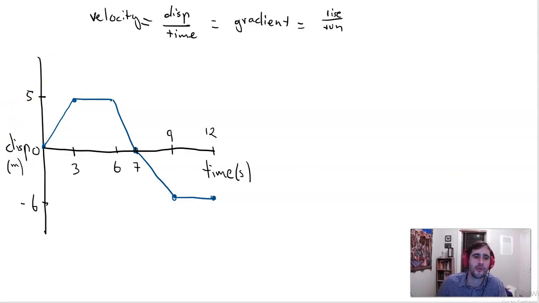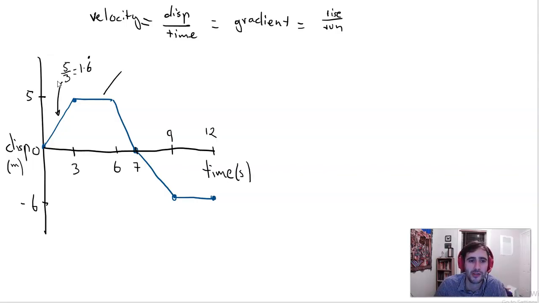So we need to find the rise over run, the gradient, of each of these sections. For this first one, we have 5 displacement over 3, which is our time. That's 1.6. That's a bad fraction, I think. Normally these would be like 10 over 2 or something like that. They're not going to be too tricky, but you can always use your calculator for that.